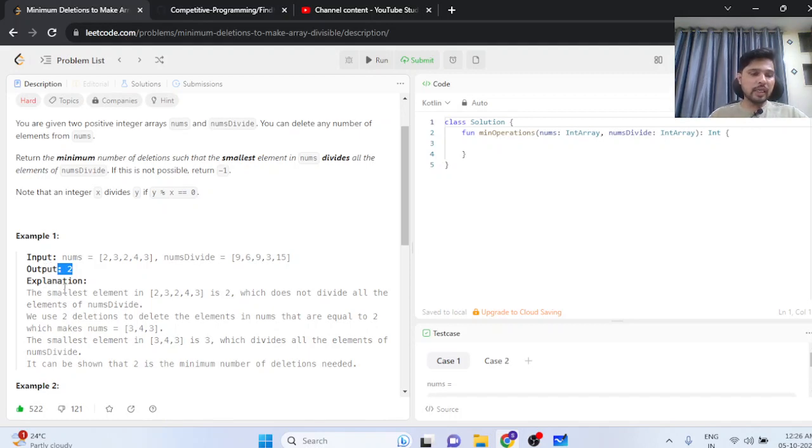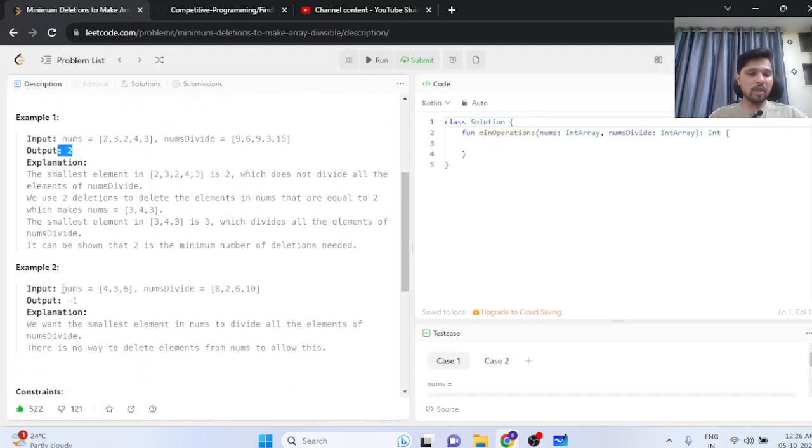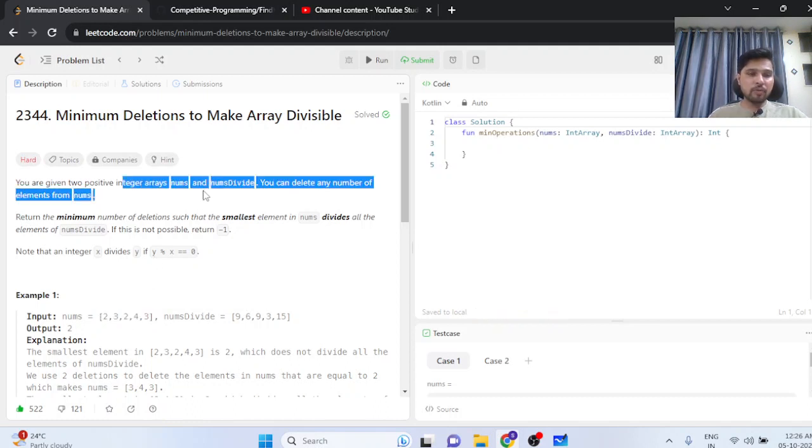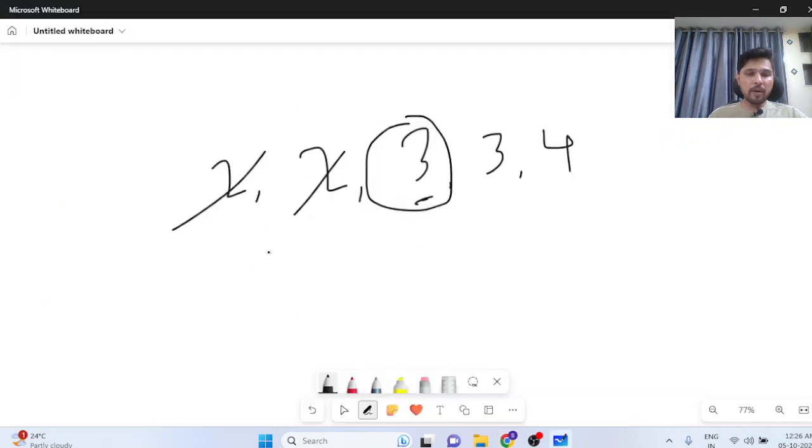If you really look at the problem, two things we can easily understand. To find the smallest element, the primary intuition is that if I sort this, it may help me get my answer faster. And second, when it comes to a division operation, one quick thought is that if I perform the GCD operation, that is the crux of this problem.